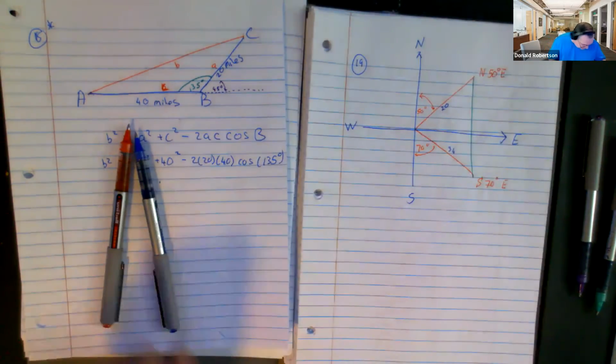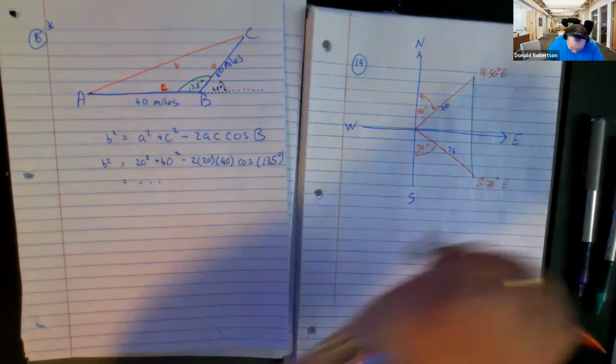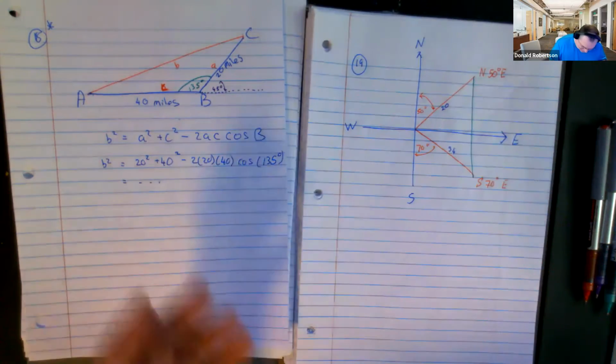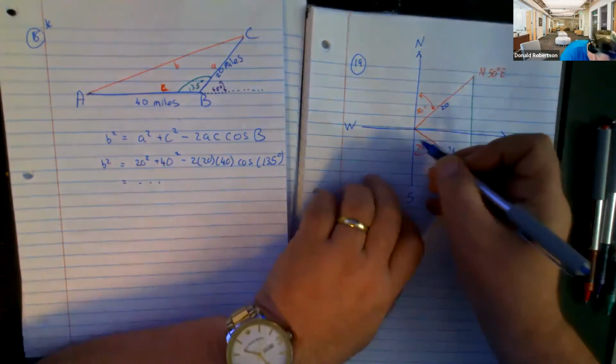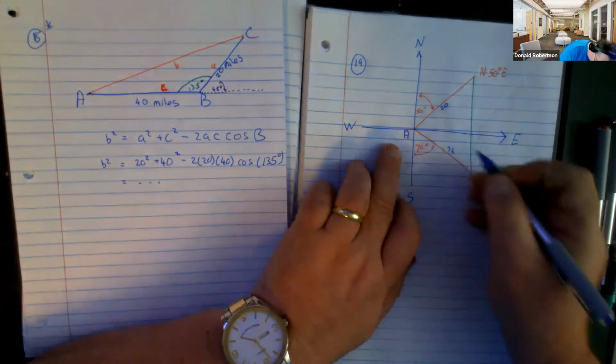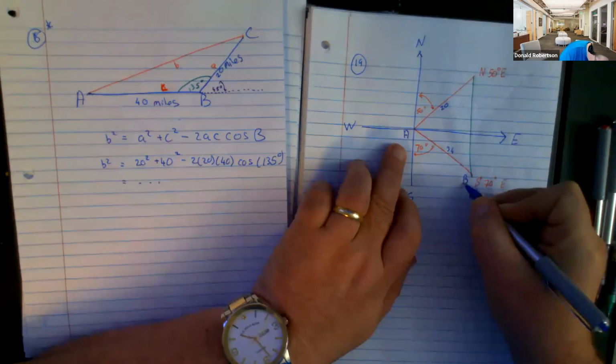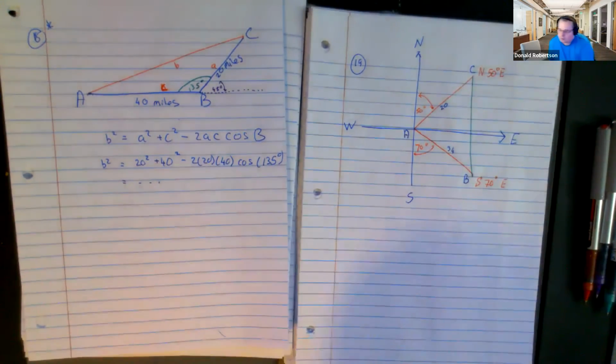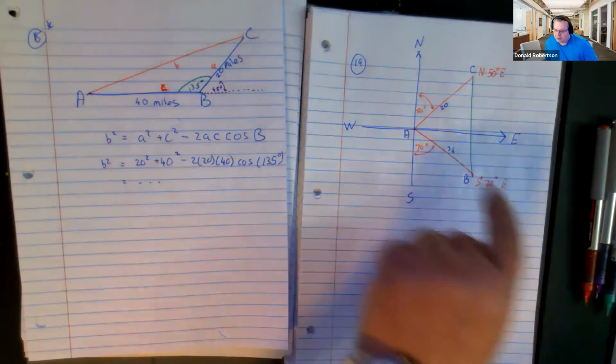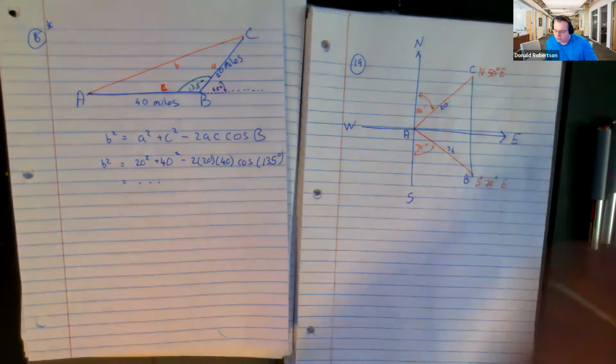Now, to be able to use the formula, you've got to give the triangle sides A, B, and C, right? So everybody knows who it is. It doesn't really matter who you call A, B, and C, but you've got to call them that somewhere.